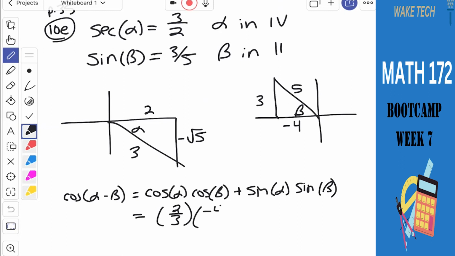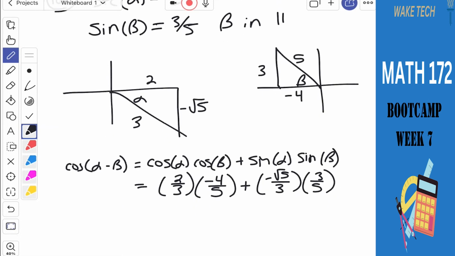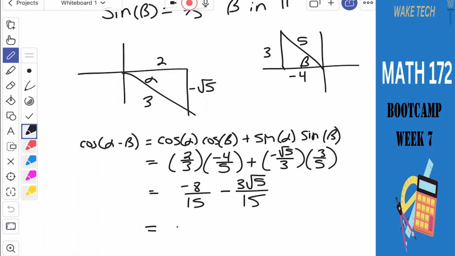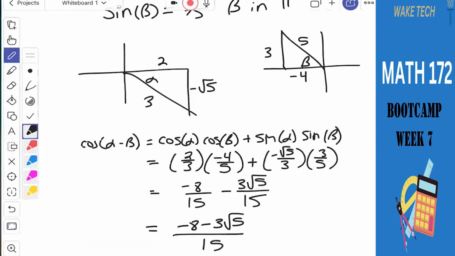Cosine from B is negative 4/5. Sine from A is negative square root 5 over 3, and then sine from B is 3/5. That gives us negative 8/15 minus 3 times the square root of 5 over 15. Since the denominators match, we can combine those to get negative 8 minus 3 times the square root of 5 over 15.